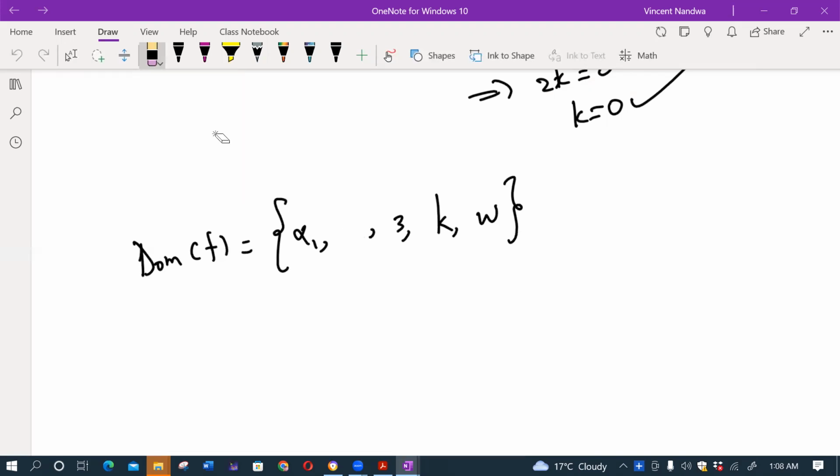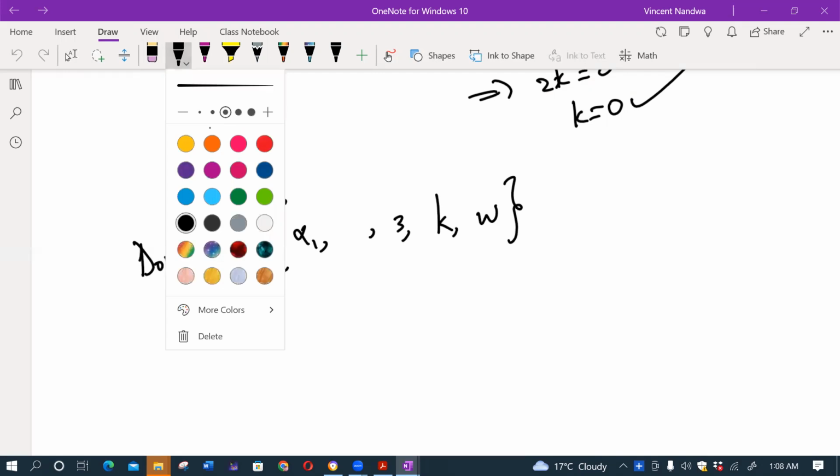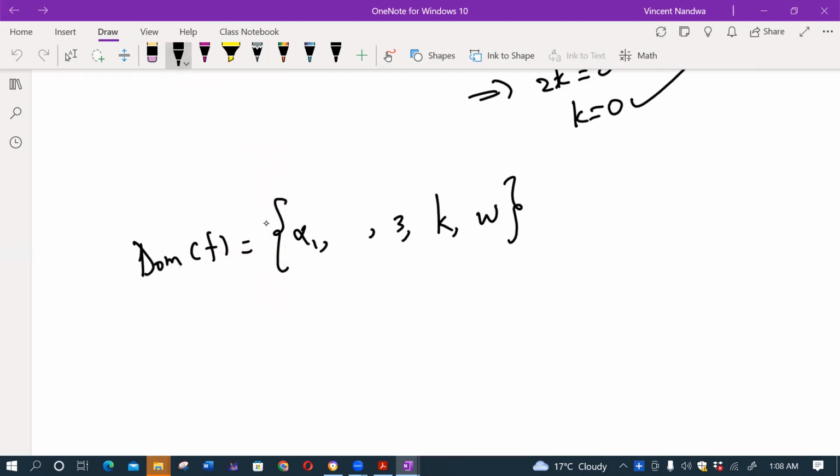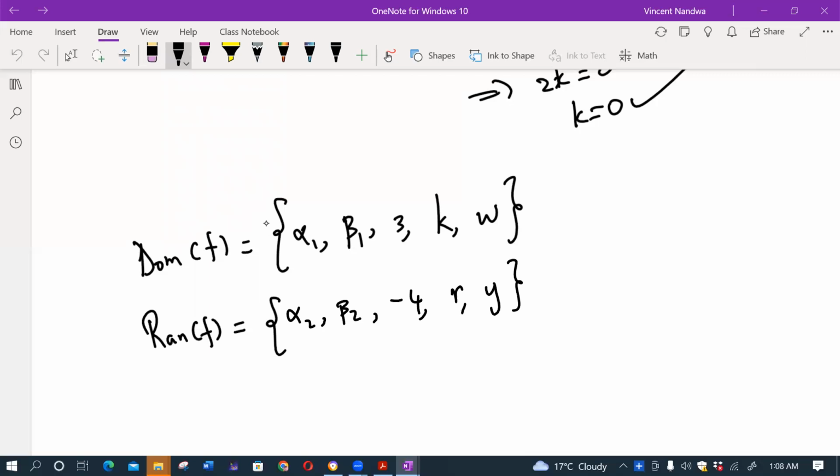And then the range of that function will be simply given by the set of all the outputs. So range of f, outputs are alpha 2, beta 2, minus 4, r, and y. So this is the answer to the first question.